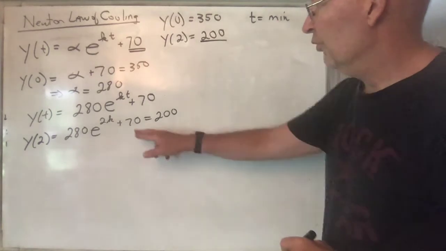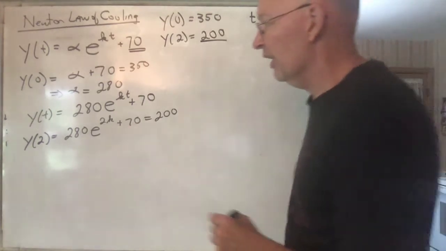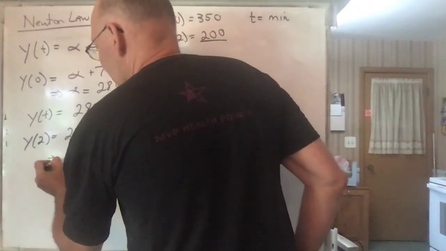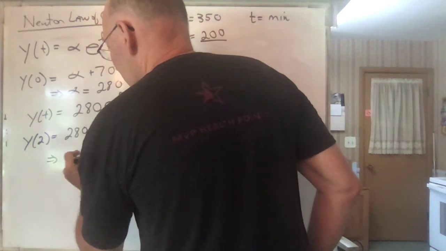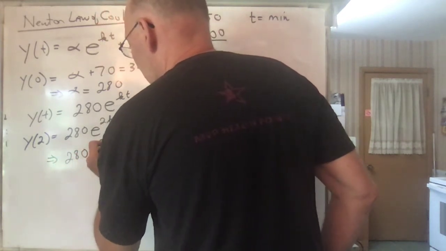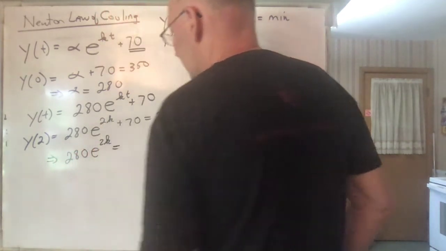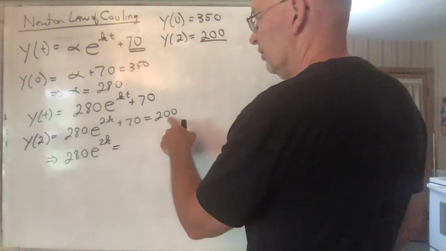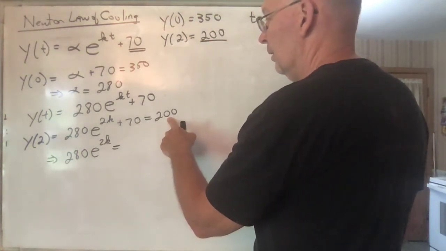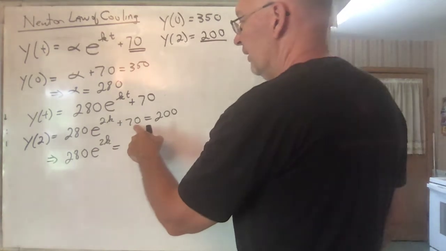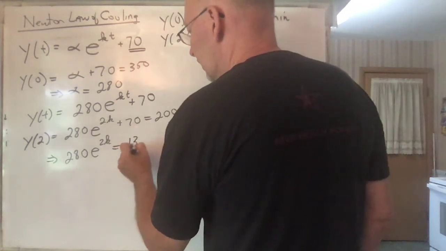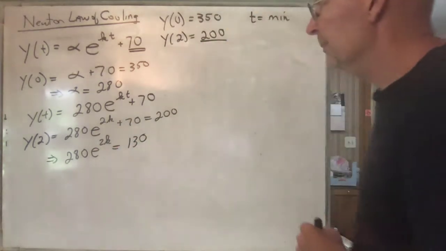Okay, so if you subtract 70 from both sides, you get 280e^(2k) is equal to what? 200 minus 70 is 130. Agreed? It's 130.